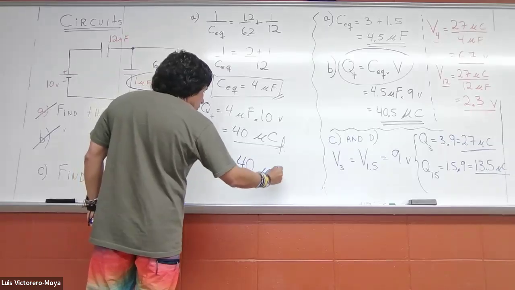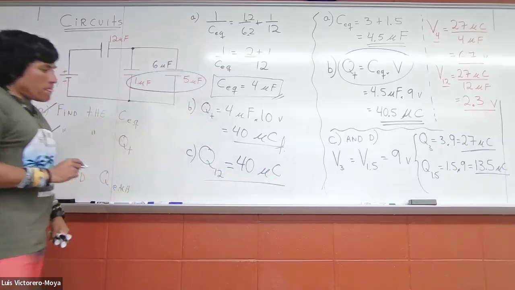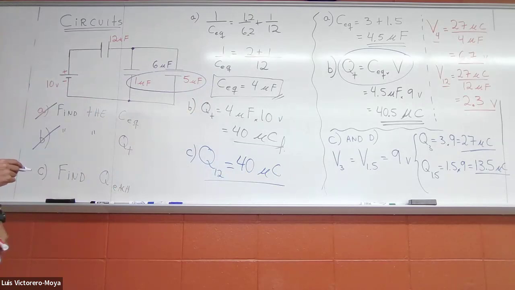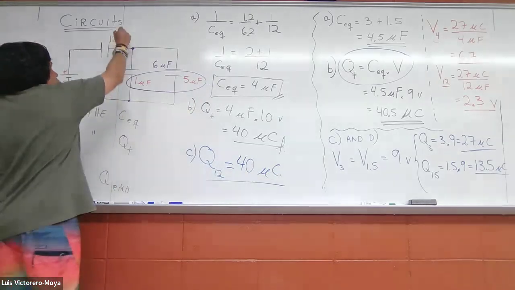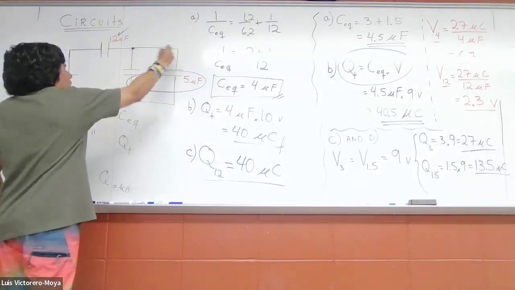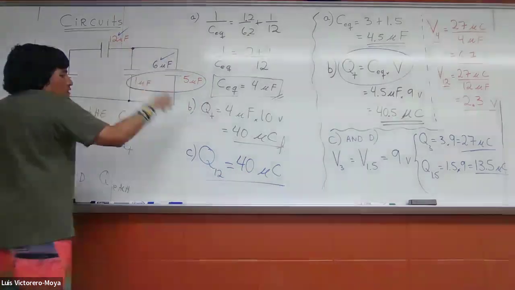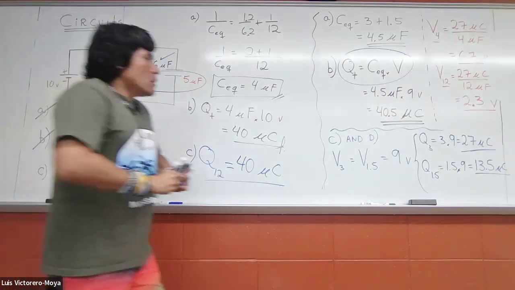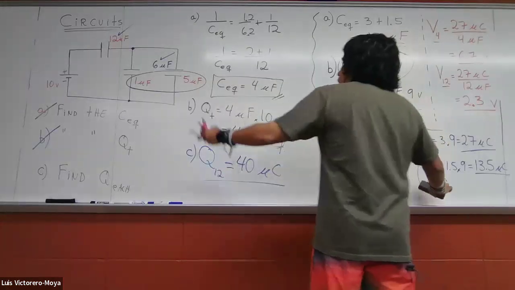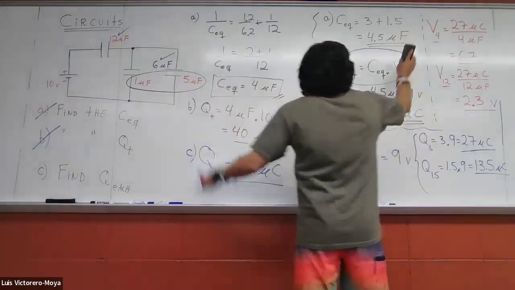It's in series, which is also the charge on 6. So we found the charge on 12, and the charge on 6 is also 40. And then I can use that to split it.